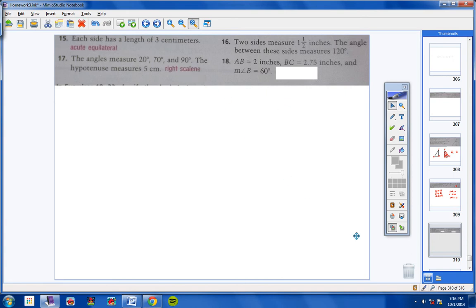And then number 18. Make sure I got this right. AB is 2 inches. So here's AB. Put an A here and a B here, and we'll call that 2 inches. Angle B is 60 degrees. I see that right here. So let's see, 60 would be about like that.